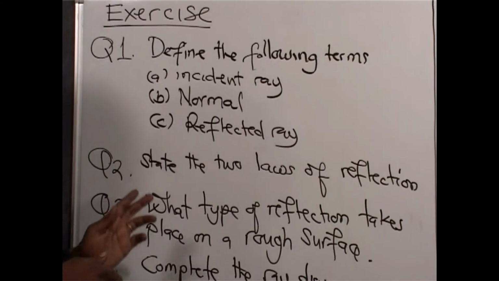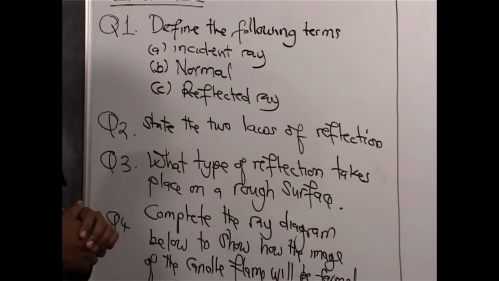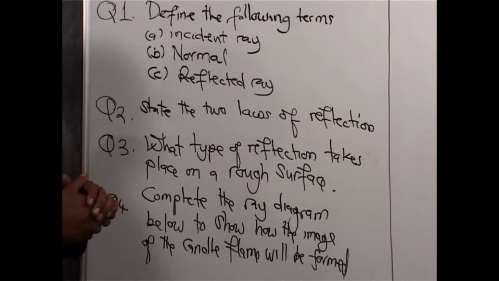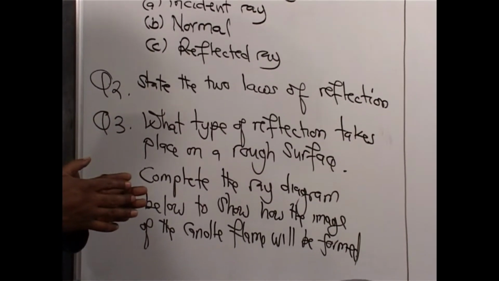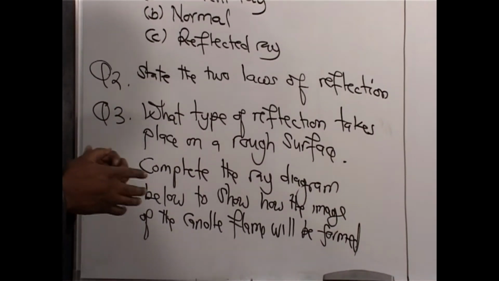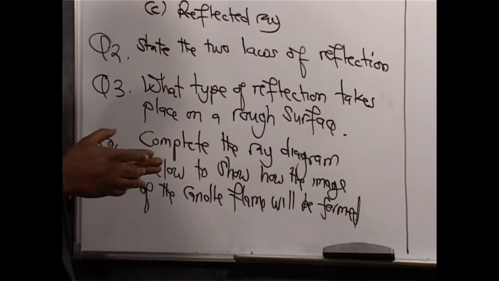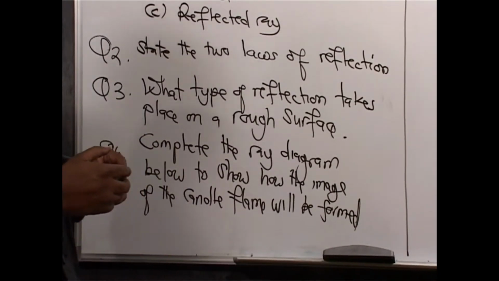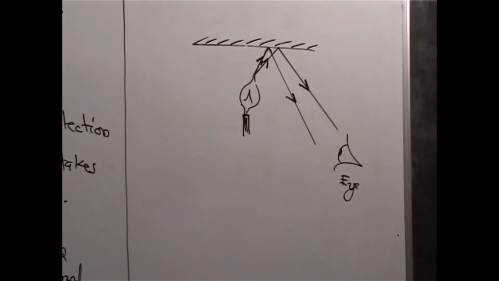Question number 2: state the 2 laws of reflection. Question number 3: what type of reflection takes place on a rough surface? Question number 4 says, complete the ray diagram below to show how the image of the candle flame will be formed. So this is our diagram.